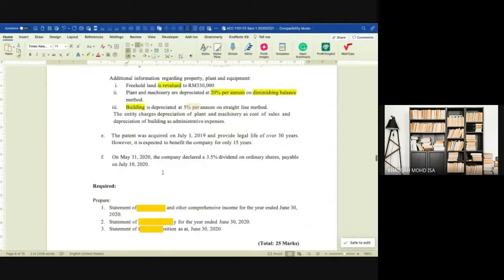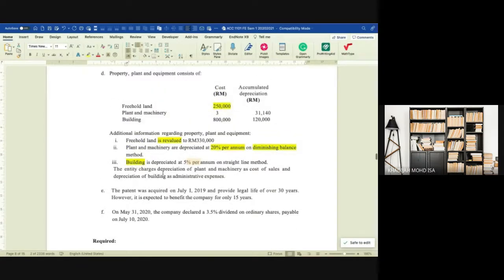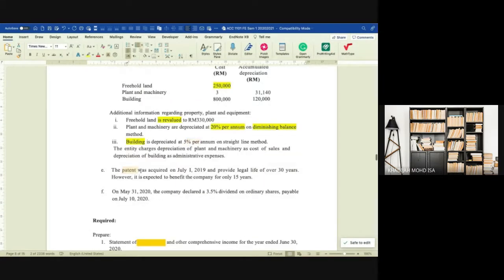All right, and the patent was acquired on 1st July and provide legal life of over 30 years. However, it's expected to benefit for only 15 years. So you have a patent where you have to provide, what do you call it? Patent.